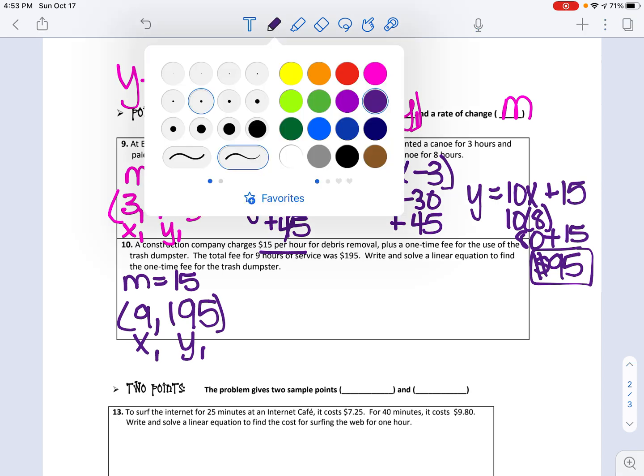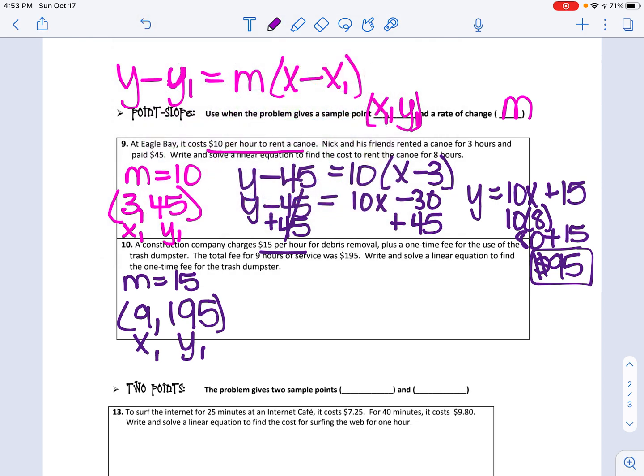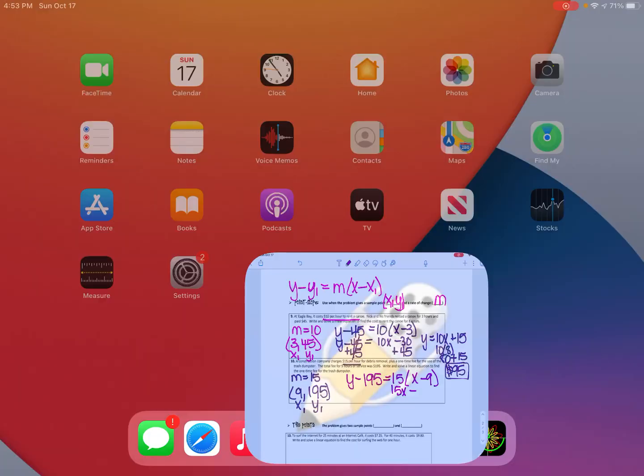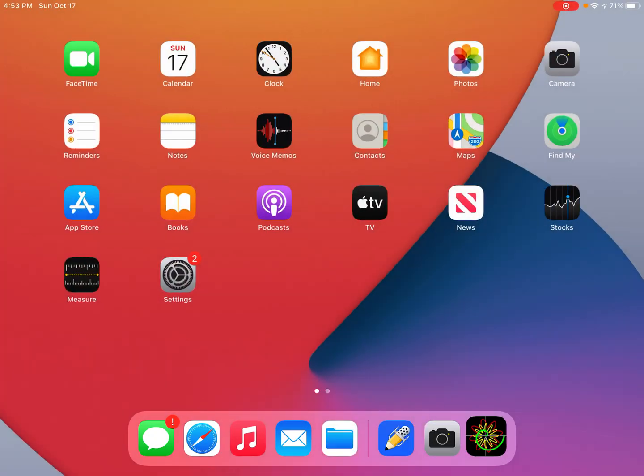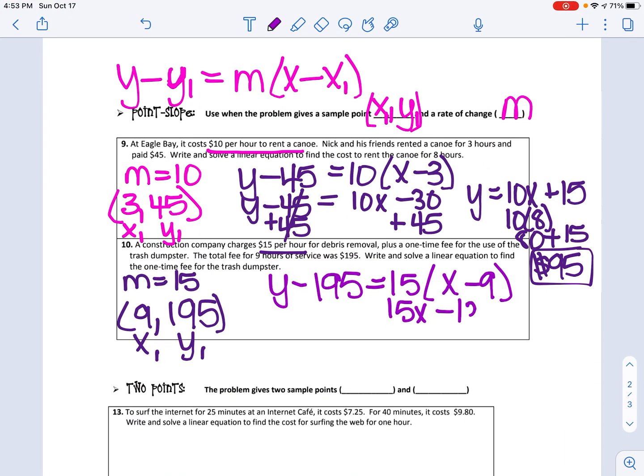So I'm going to use point slope again. So I'm going to say y minus 195 equals 15 times x minus 9. So I'm going to distribute: 15x minus 15 times 9 is 135. And then I'm going to add the 195 over to this side.